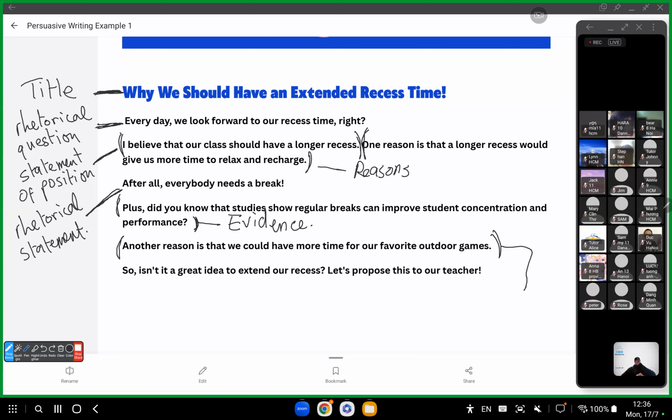So what do we think are the two parts here? Mary. It's a reason. Again. Very good. So it's the reason. And what else is it? This part here in particular. Example.